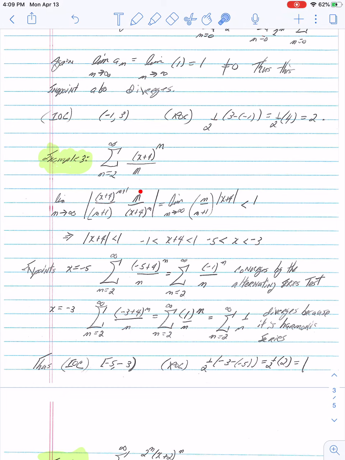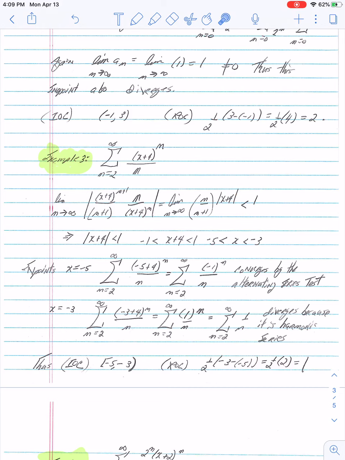Again, I do the ratio test. What I end up with this time is n over n plus 1 times the absolute value of x plus 4. Now, when I take the limit as n tends to infinity, I have to figure out what this limit is. Well, by the way, this is just a constant. Doesn't move with n.